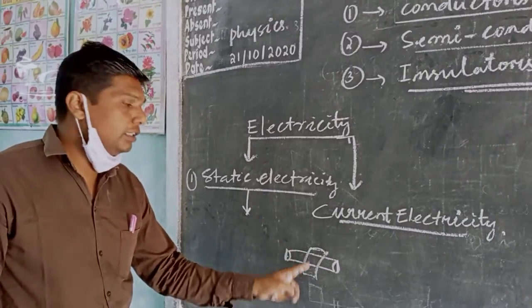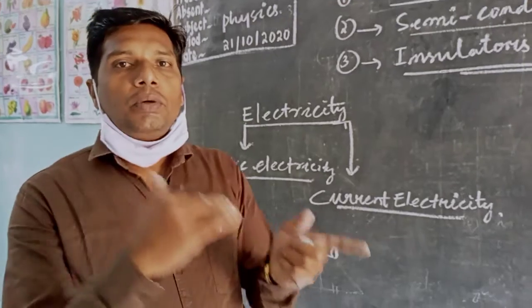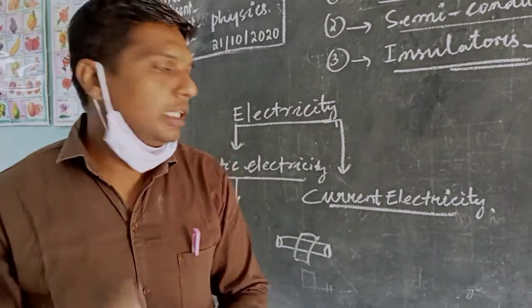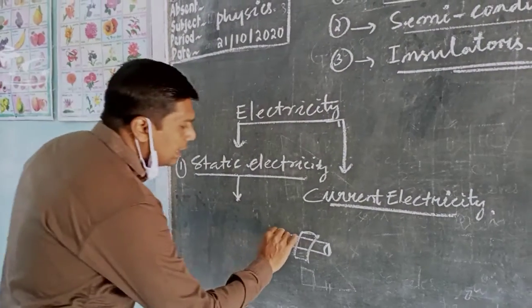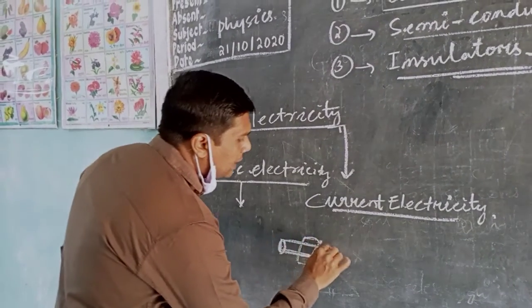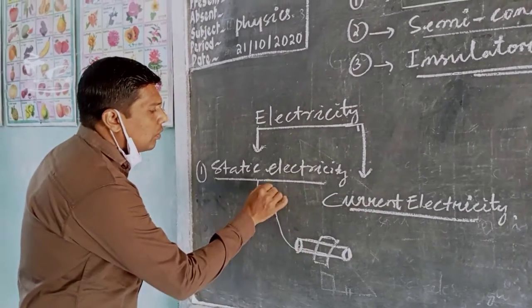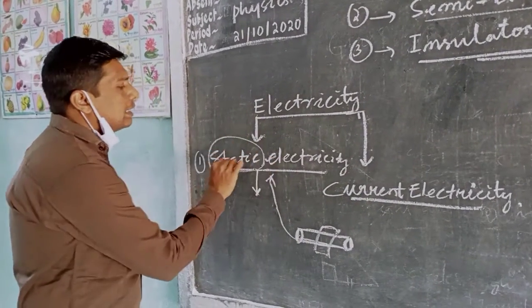But this charge does not flow or move from one place to another place. Therefore, when charge only develops but is not in motion, this type of electricity is known as static electricity.